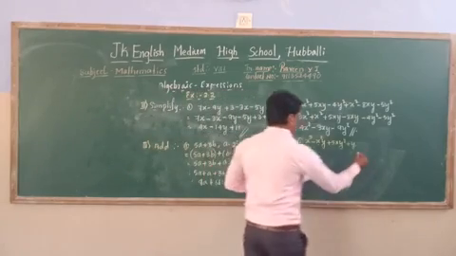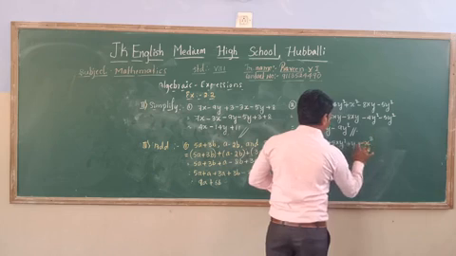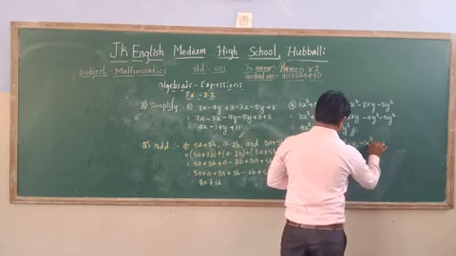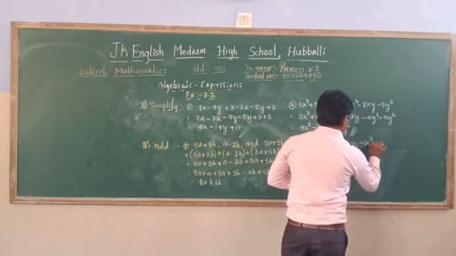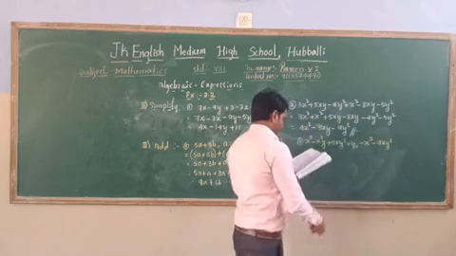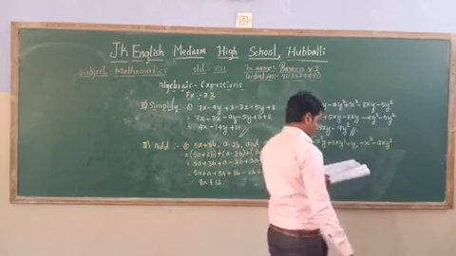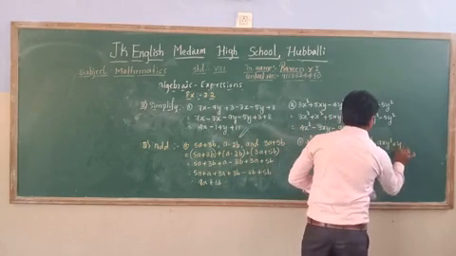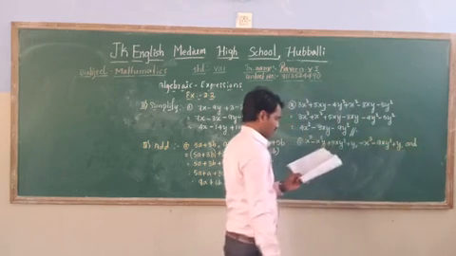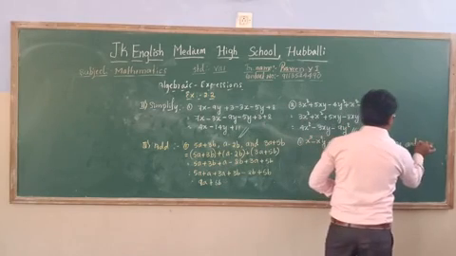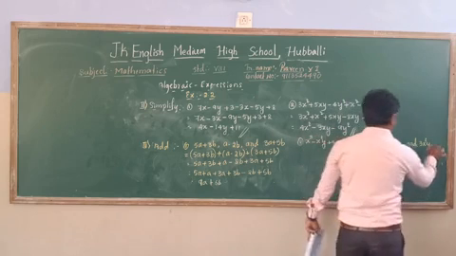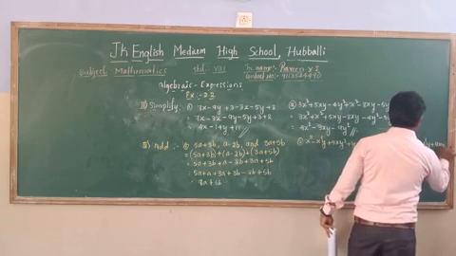Next one, minus x cube minus 9x y square plus y, and 3x square y plus 9x y square.